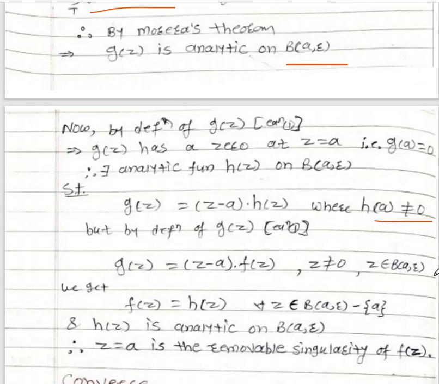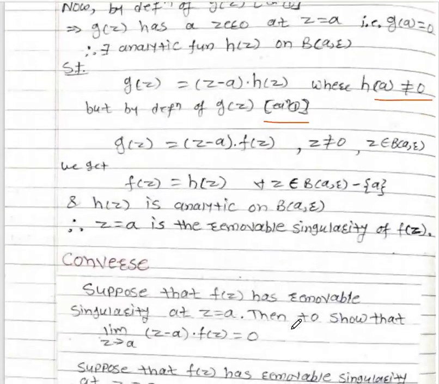So by using equation number 1, by the definition of g(z), this can be written with f(z) instead of h(z), where z is not equal to a. So f(z) equals h(z) for every z belonging to the open circle minus the singleton a, and h(z) is analytic on the open circle with center a and radius r.